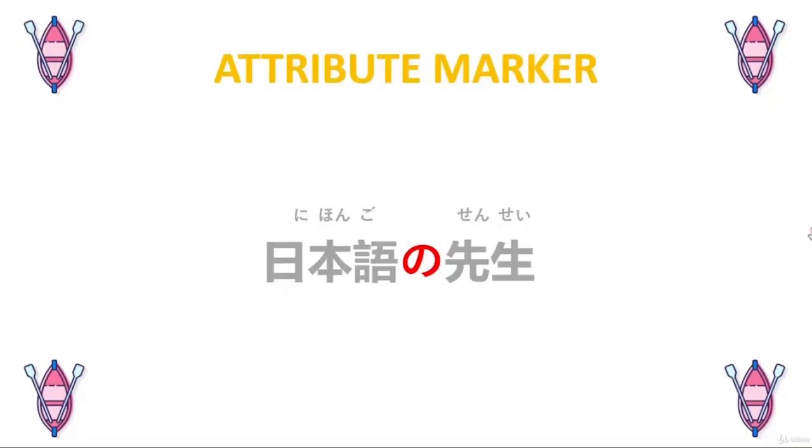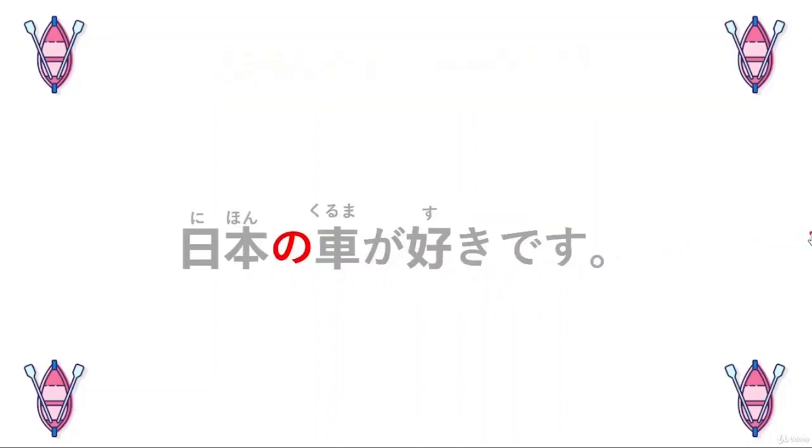It can also work as an attribute marker. So for example, if I want to say, oh, I am a Japanese teacher, I would say 日本語の先生。日本語 means Japanese language. Sensei, teacher. So, teacher of Japanese language. 日本の車が好きです。日本 Japan. 車 car.